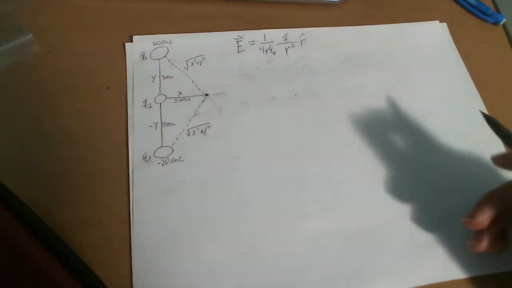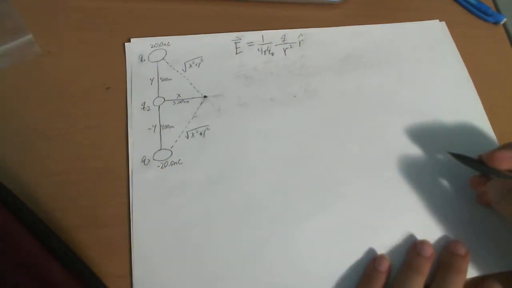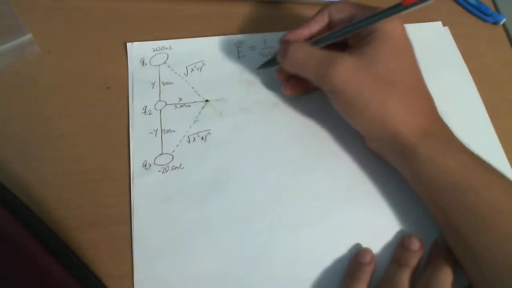A useful thing to do when dealing with vector quantities is to separate the vector into its components. And so that's what we're going to do now.